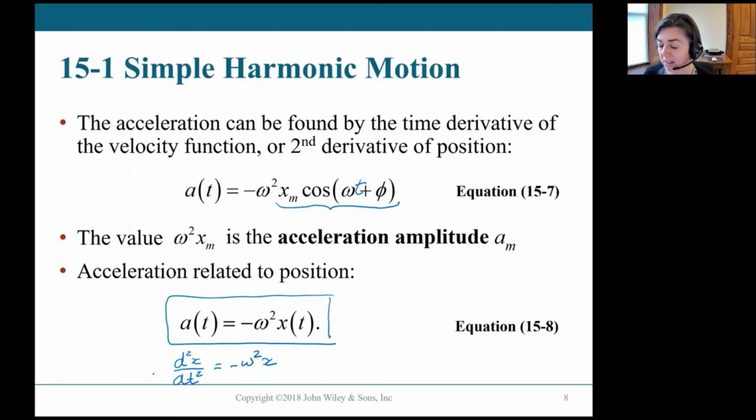And you'll learn eventually to determine what the solutions of this equation are. But one of the solutions is what we've been talking about: x of t equals x_m times cos(omega t plus phi). That's one of the solutions to this differential equation.